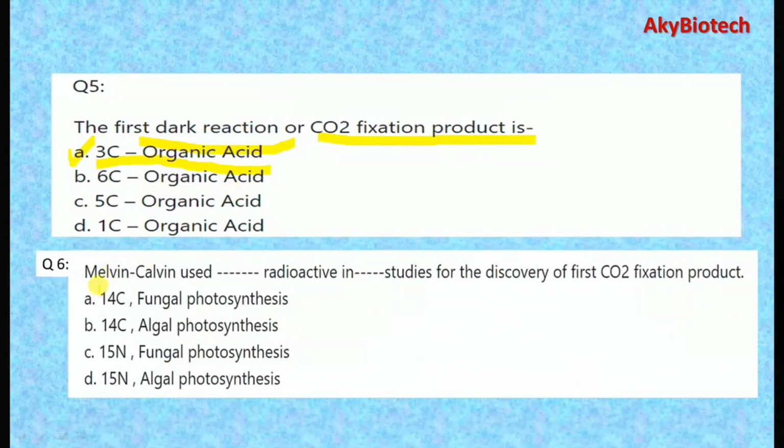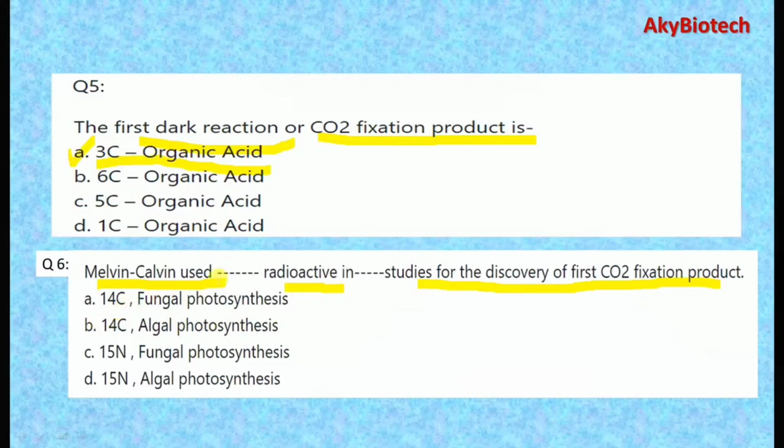Number 6. Melvin Calvin used radioactive in studies for the discovery of the first carbon dioxide fixation product. So we have the four options over here. All these questions are very important. You kindly go through them thoroughly, and all these questions have been asked many of the times in the examination.